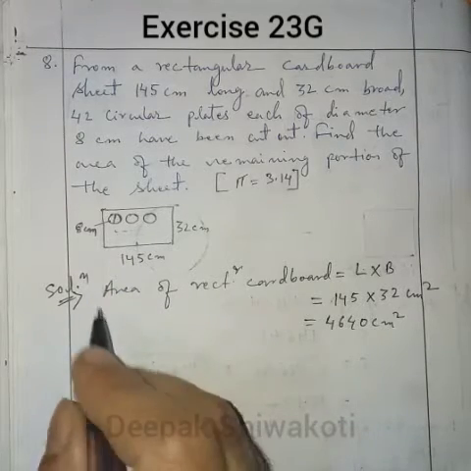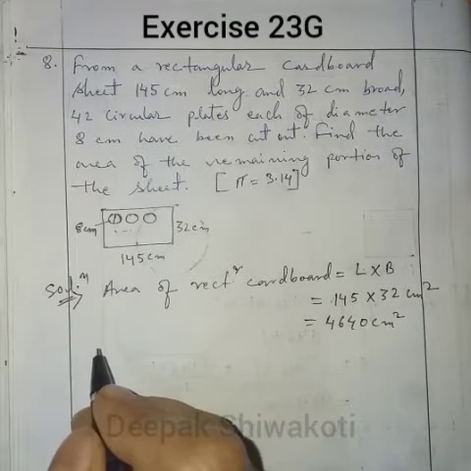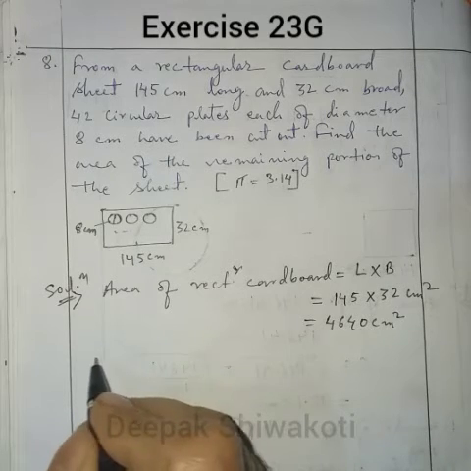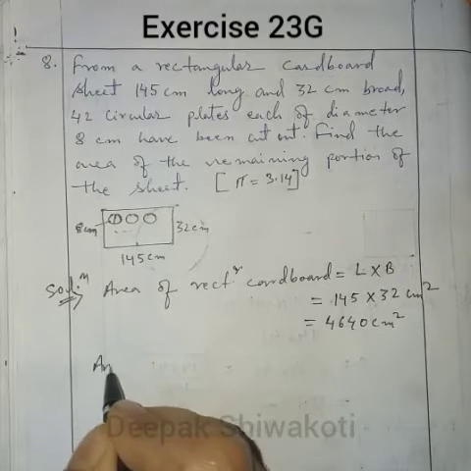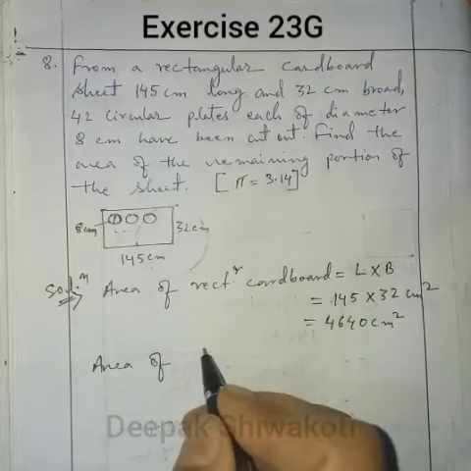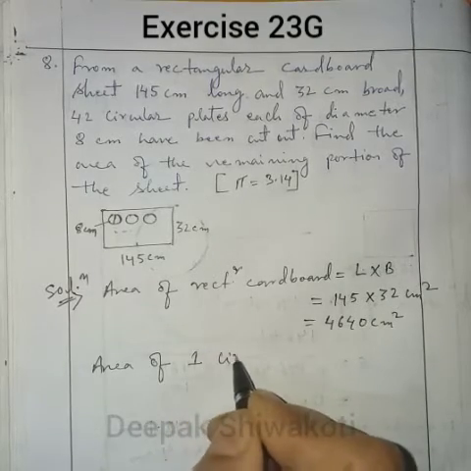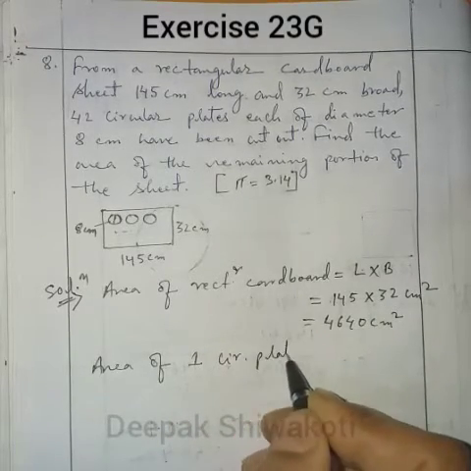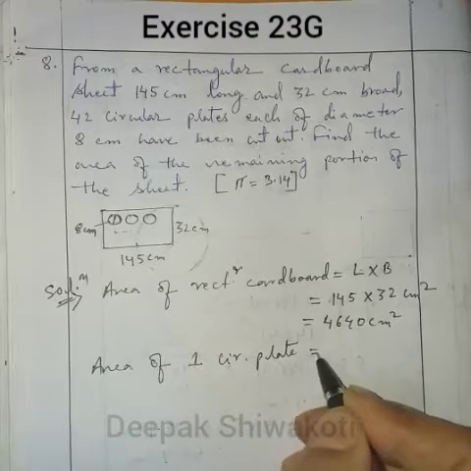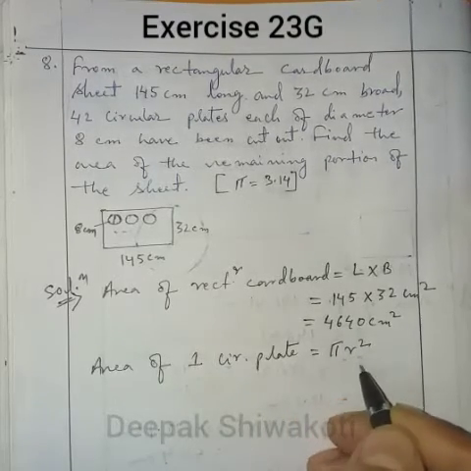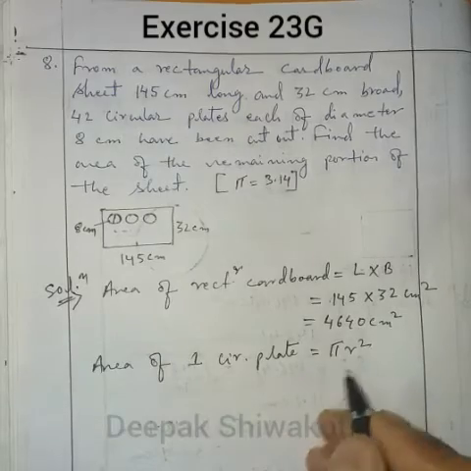Now let us find the area of one circular plate. Diameter is 8 centimeter, then the radius will be 4 centimeter. So area of one circular plate, formula is pi r square. For circle, area is pi r square.